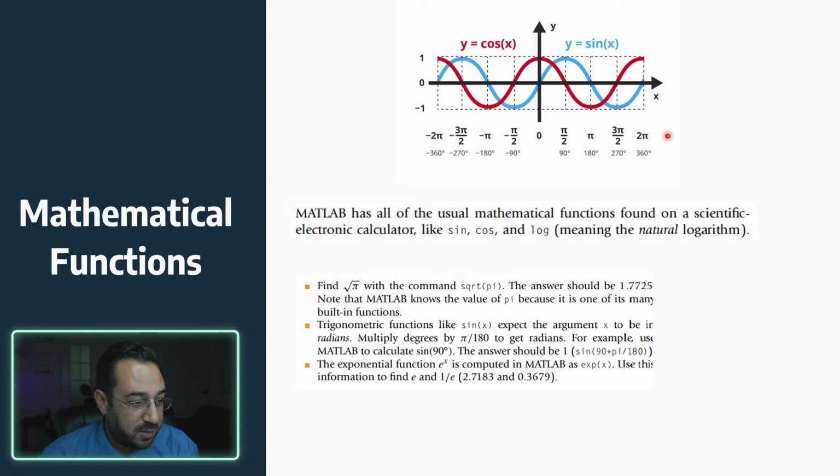So we mentioned pi. I believe you already tried pi. Hit enter. Then try to write sqrt, between parentheses, pi. See what you get. I'm going to do it again on MATLAB for you. But for now, go ahead and do it yourself and see what happens. Then try to plug in trigonometric functions.